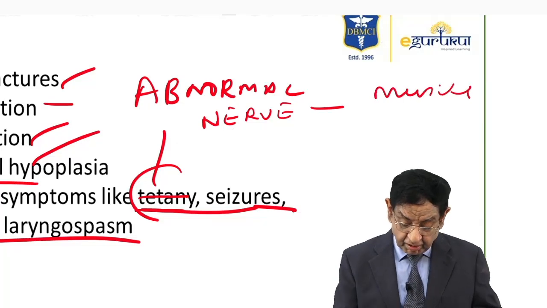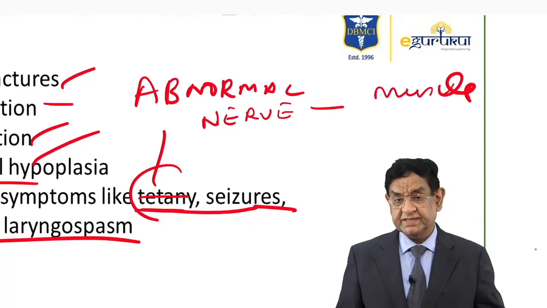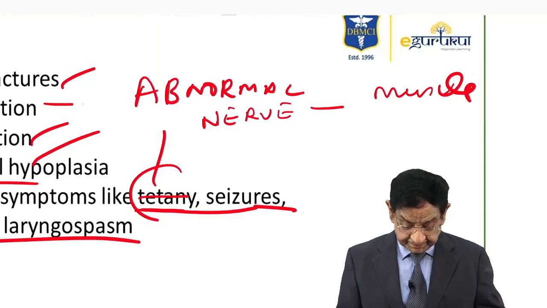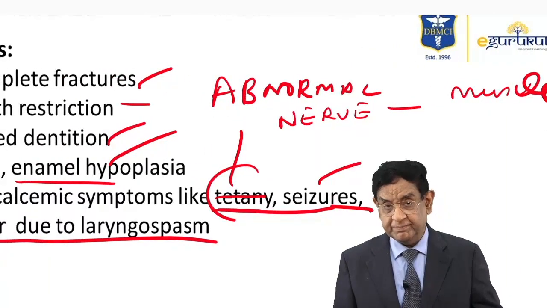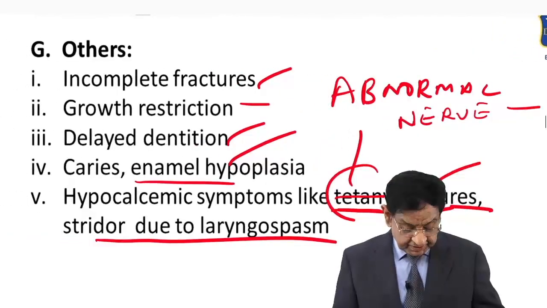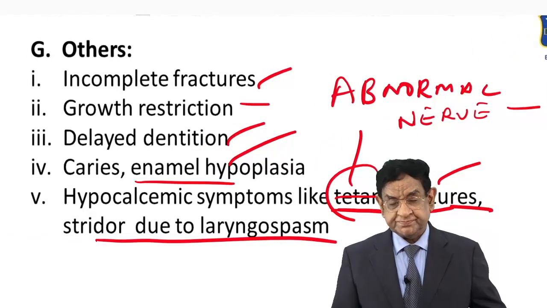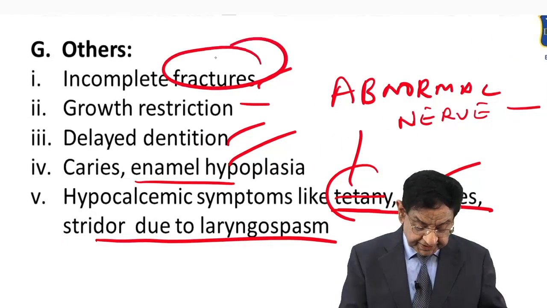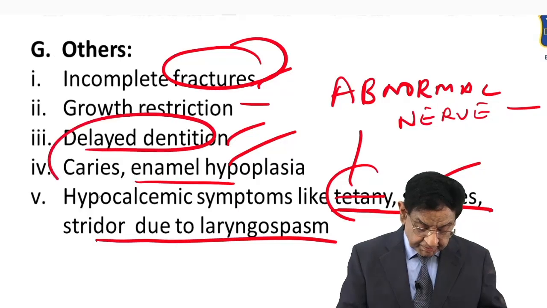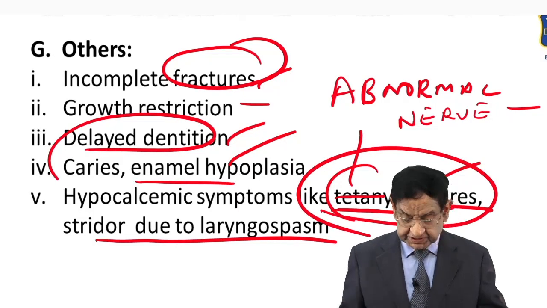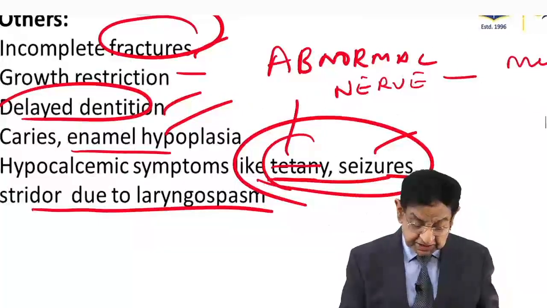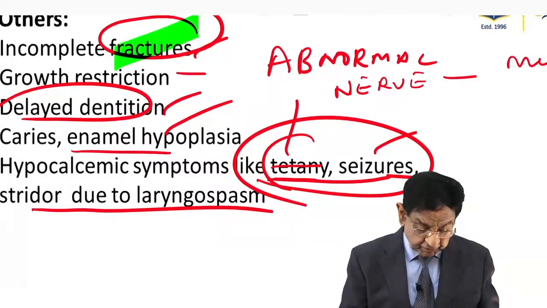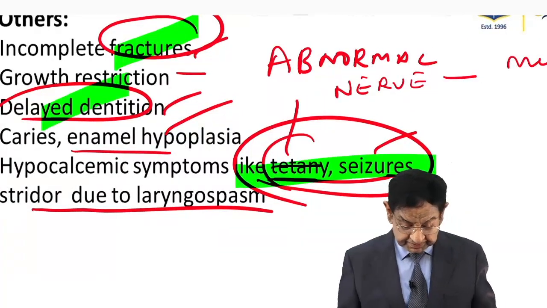There will be abnormal muscle contraction, and that's what we call tetany. Seizures are very common in the newborn child because of hypocalcemia. So friends, there can be incomplete fracture, there can be dental problems, and there can be tetany and seizure. They are the three keywords to be remembered in this particular slide, 1, 2, and 3.